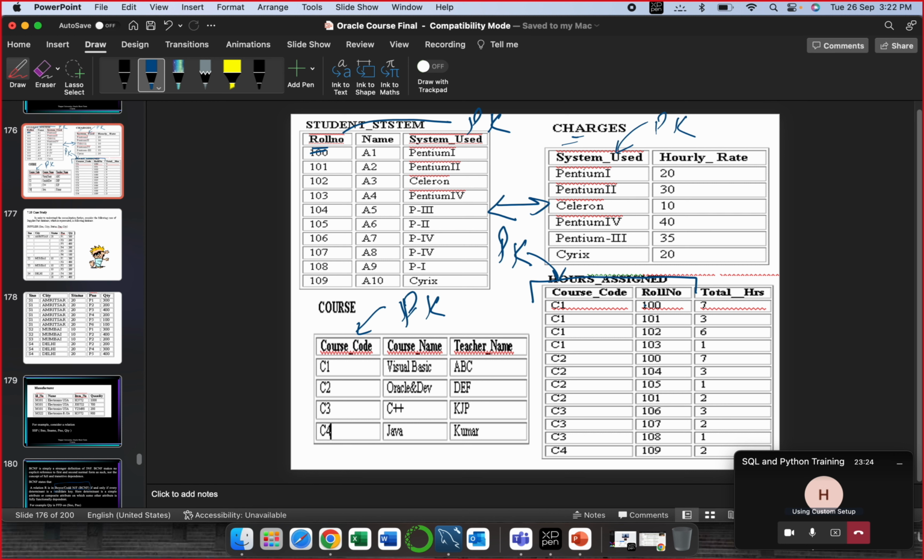Every course, C100 is unique over here, C200 is unique over here, a unique combination of two attributes that helps to determine the total hours used by a particular system used by a particular student in a particular course. So the combination of course code and roll number is unique in this table.